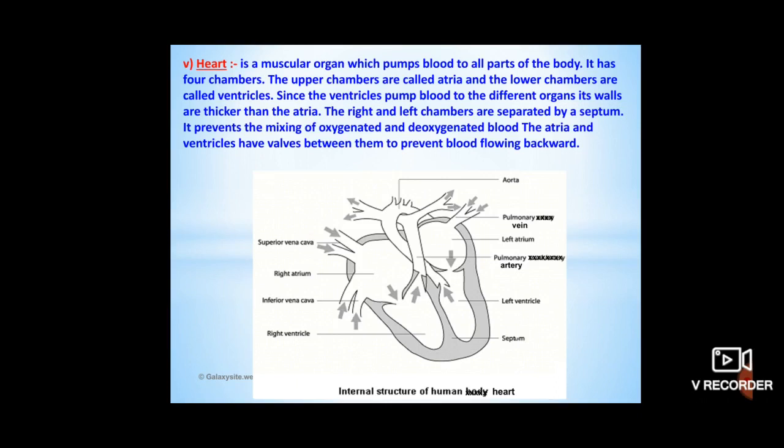In between, there is a special wall called the septum. This septum prevents the mixing of deoxygenated blood and oxygenated blood in the heart.